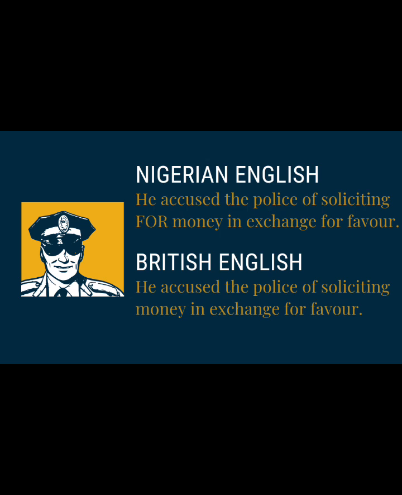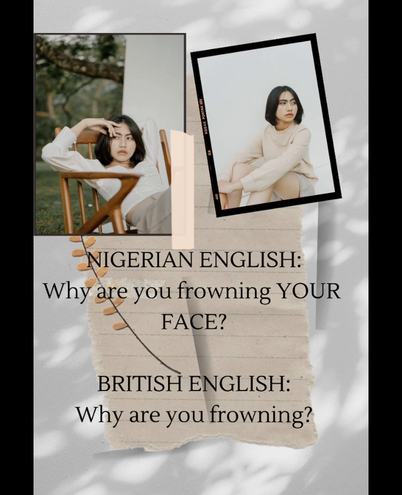That's the Nigerian version, but the British version would read he accused the police of soliciting money in exchange for favor. Soliciting money, not soliciting for. You see, that's the difference between the Nigerian expression and the British expression.